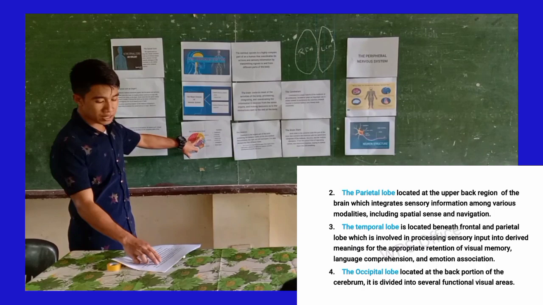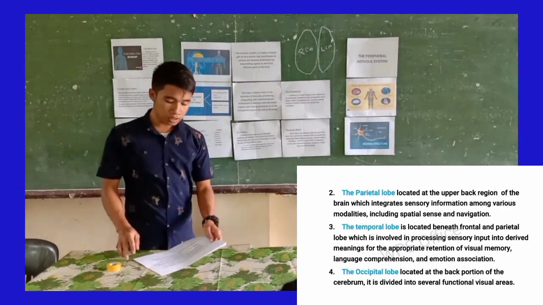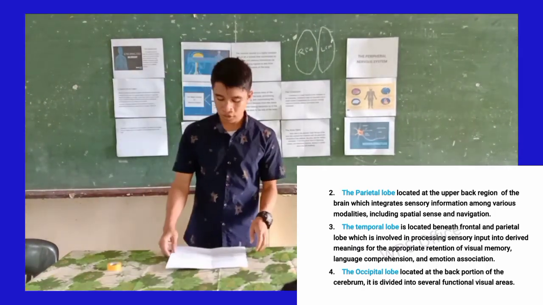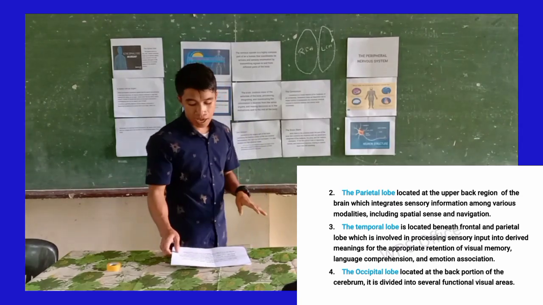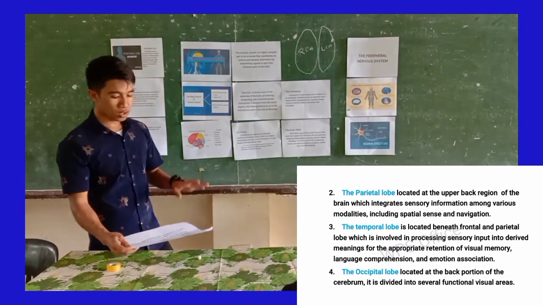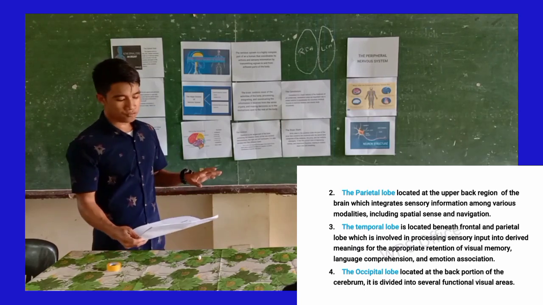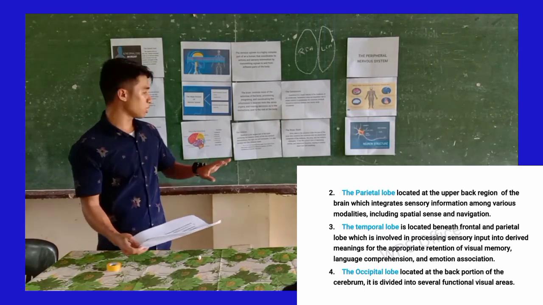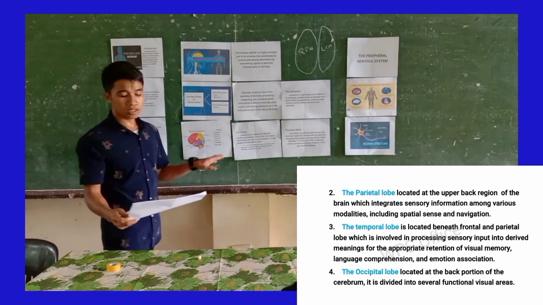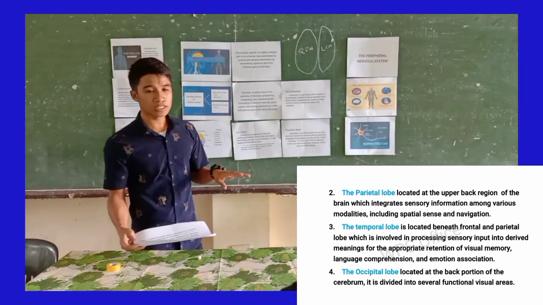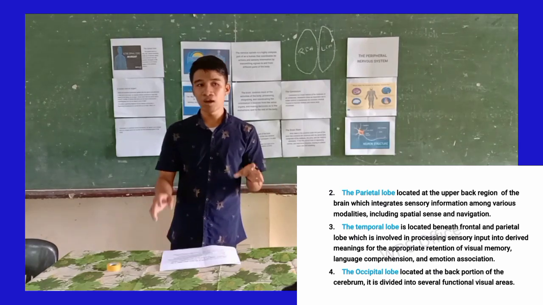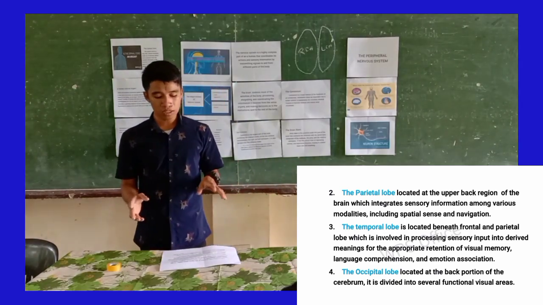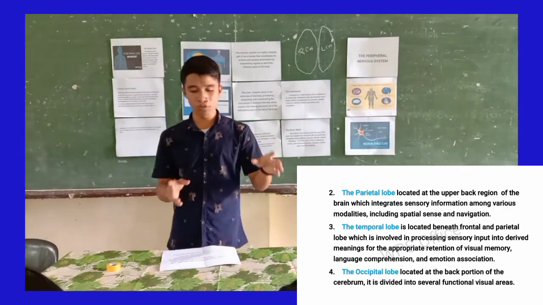The parietal lobe integrates the sensory information among various modalities including spatial sense and navigation. So this may refer to the sense of sight because it includes the spatial sense. It can determine how large an object is, how small an object is, and how far an object is.